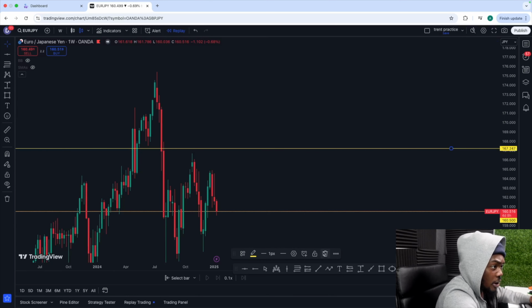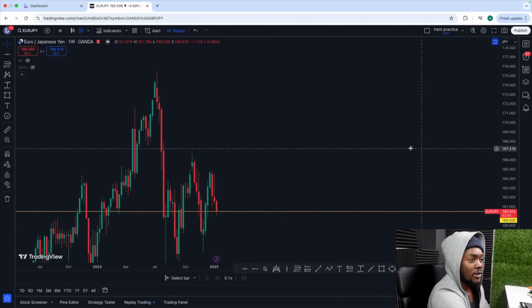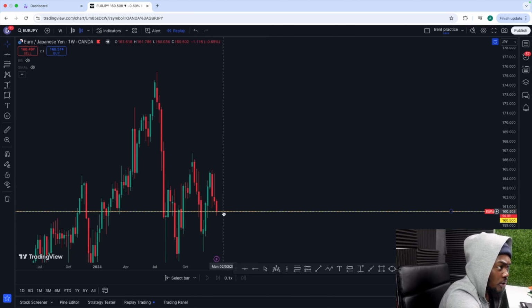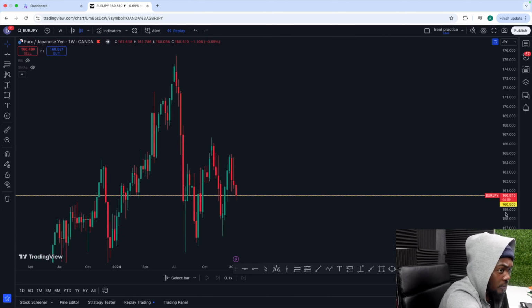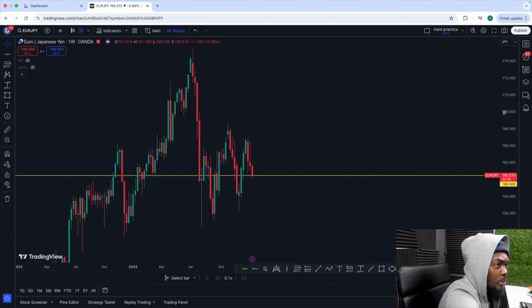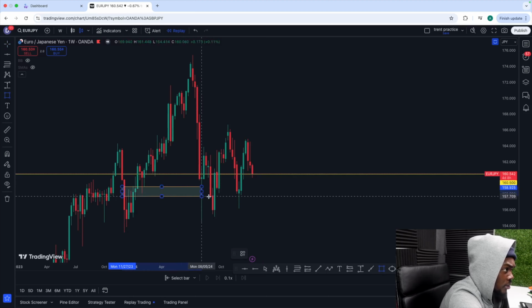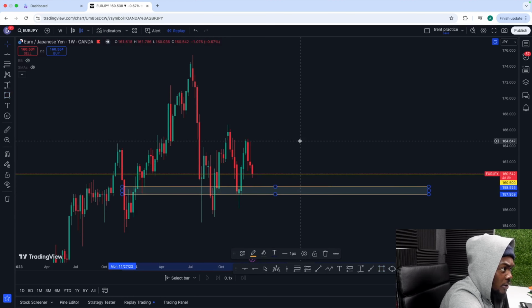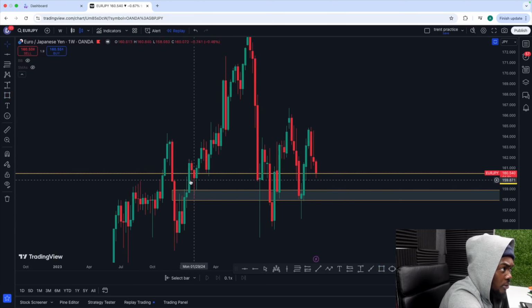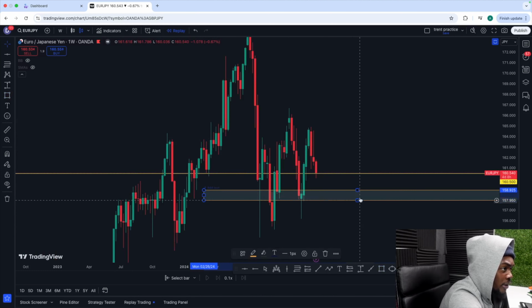So 160.500 is the nearest QP where price is at now. If I just do a little bit of back testing and just go back in the past, let's just find the areas of interest where we see that price started to push, or we can recognize where the banks or institutions pretty much got in.